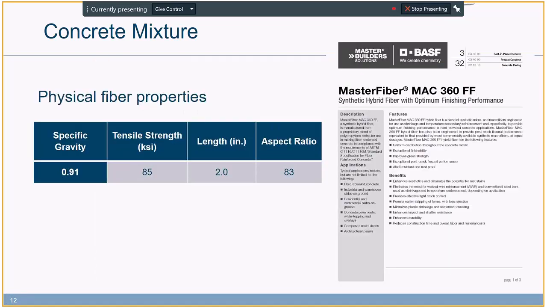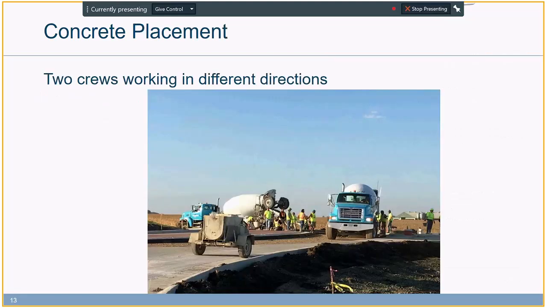The fiber was produced by BASF Master Builders. It was MAC 360 FF with an aspect ratio of 83, and actually it was a hybrid of micro and macro fiber to control both the shrinkage cracking, and also add to the structural capacity of the concrete mixture.